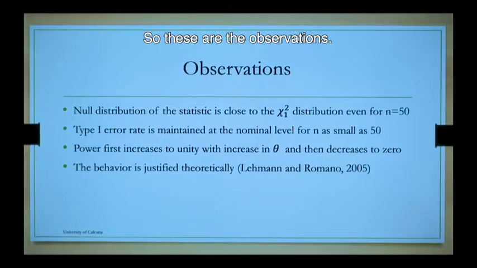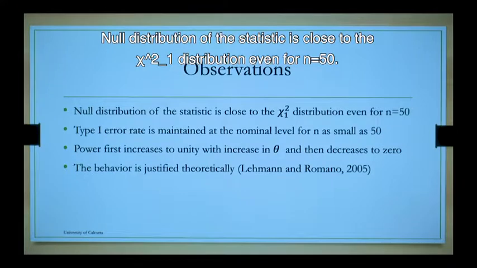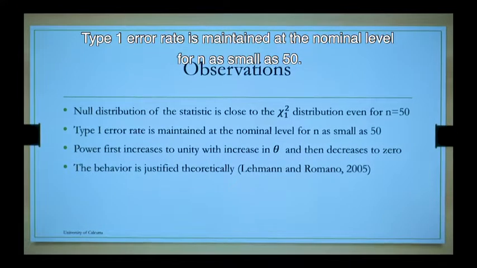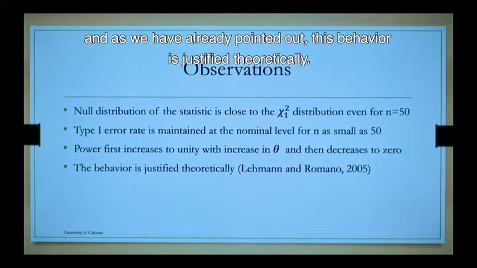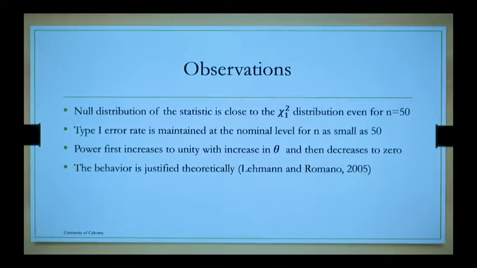So, these are the observations: the null distribution of the statistic is close to the chi-square 1 distribution even for n equal to 50. Type 1 error is maintained at the nominal level for n as small as 50. Power first increases to unity and then decreases to 0, and as we have already pointed out, this behavior is justified theoretically.